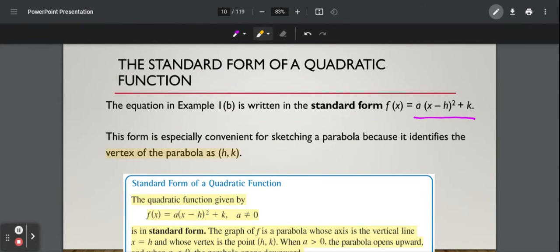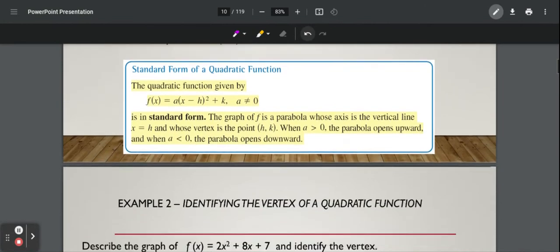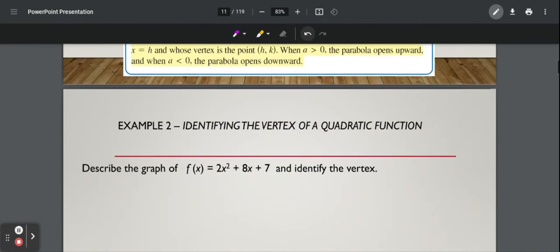So in standard form, because you have this h and this k, we could actually figure out where the vertex is. So it can be really helpful in graphing this.